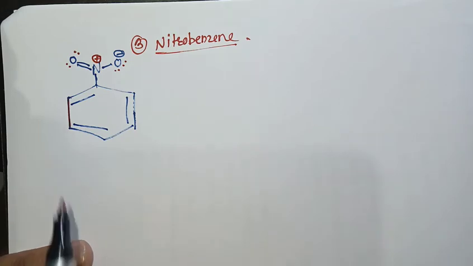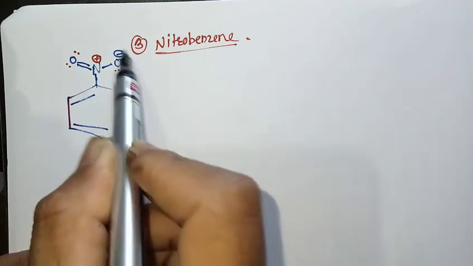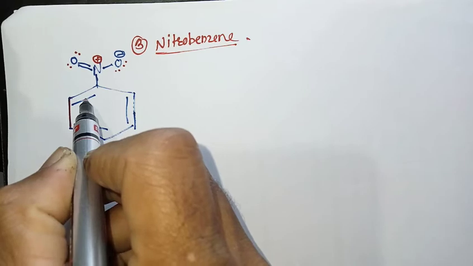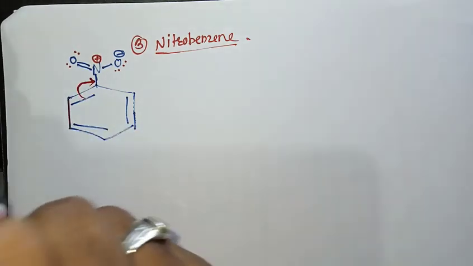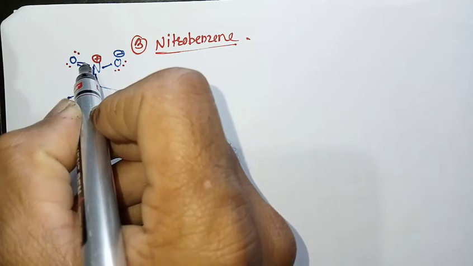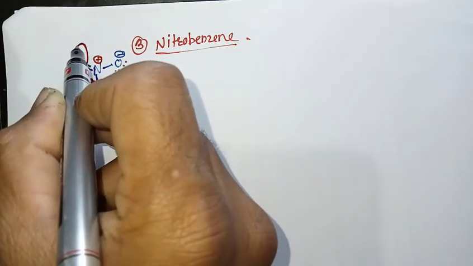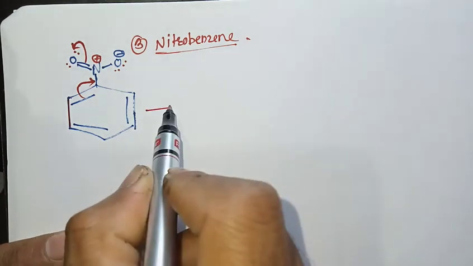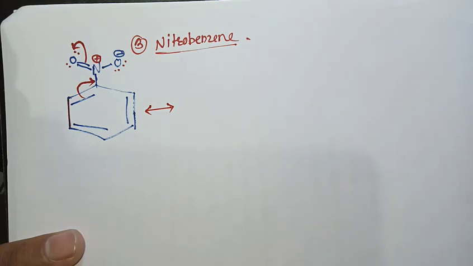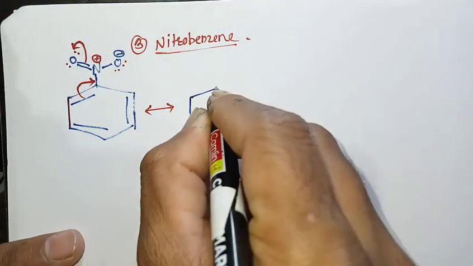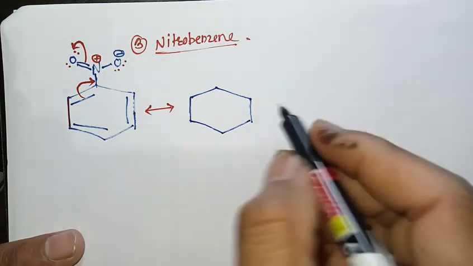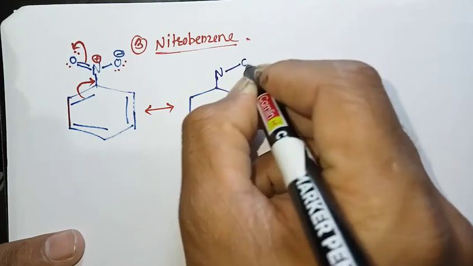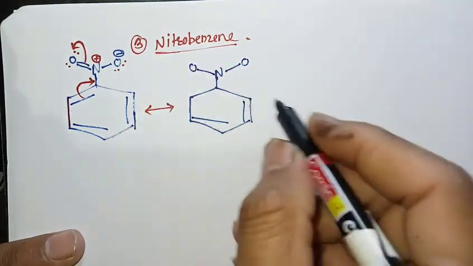So what happens here? The nitro group is an electron withdrawing group, therefore this pi bond is shifted to this carbon-nitrogen bond. At the same time, this bond between nitrogen and oxygen shifts over this oxygen atom, and we get another resonating structure. Here is nitrogen, oxygen, oxygen.